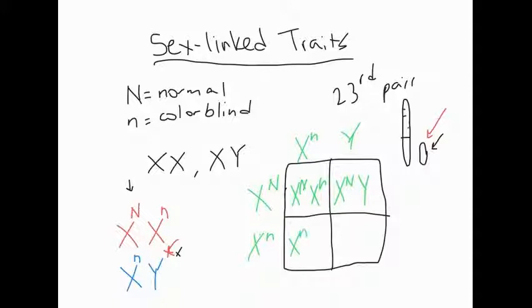X little n, X little n: colorblind female right there, and X little n, Y: colorblind male. So in this case, 25% of the kids would be colorblind females, 25% would be normal females, 25% would be colorblind males, and 25% would be normal males.